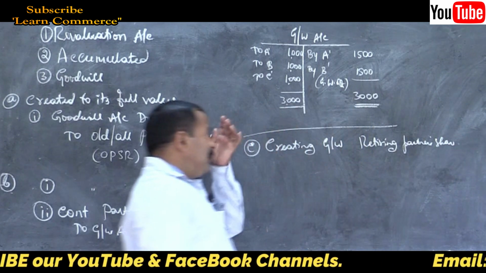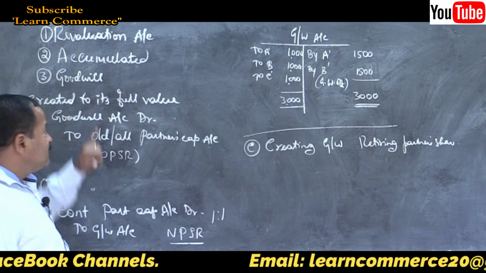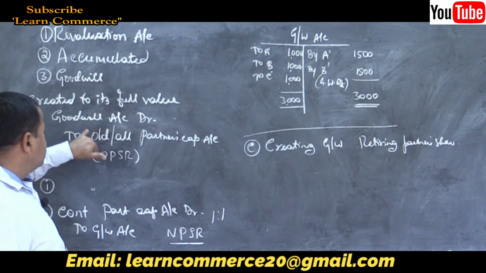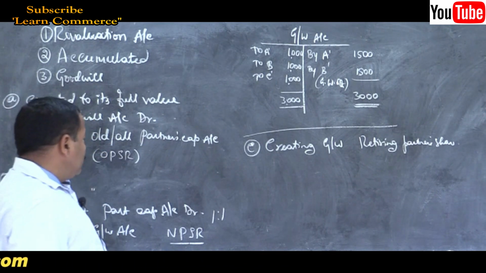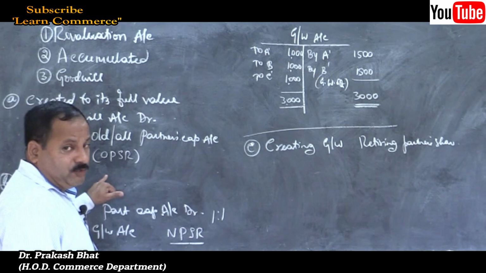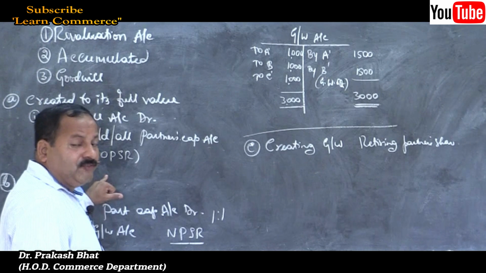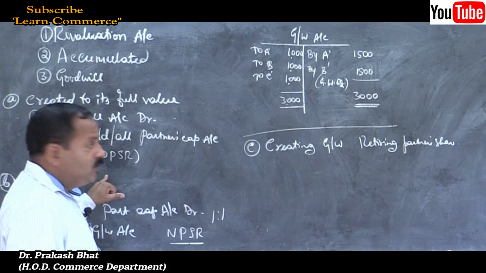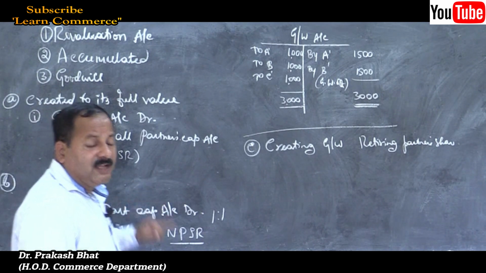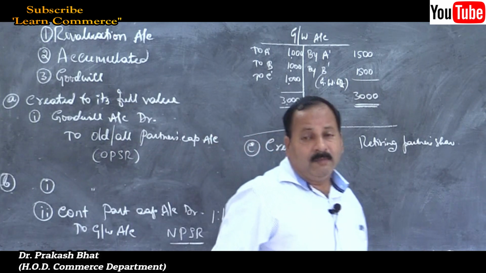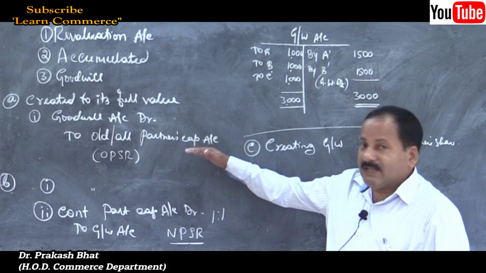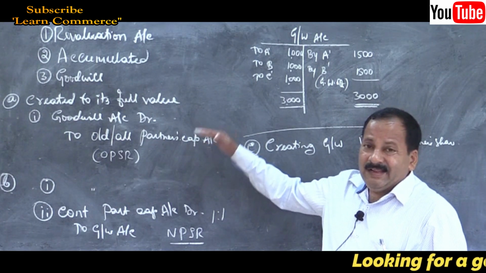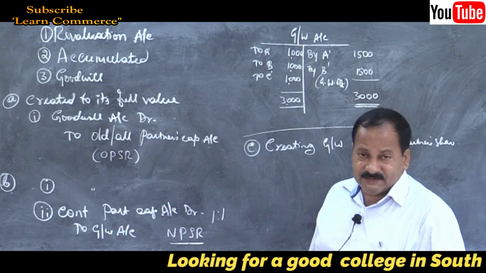Remember, let us assume the same case, the old case, case 1 and 2. Here the total goodwill of the firm is 3000, we have assumed. Now the retiring partner's share of goodwill, how much will it be? When the profit sharing ratios are 1:1:1, 1/3, 1/3 and 1/3, there will be equal distribution among the partners.